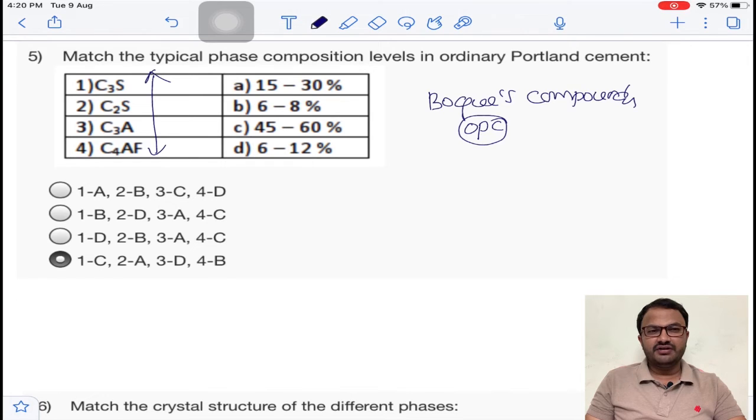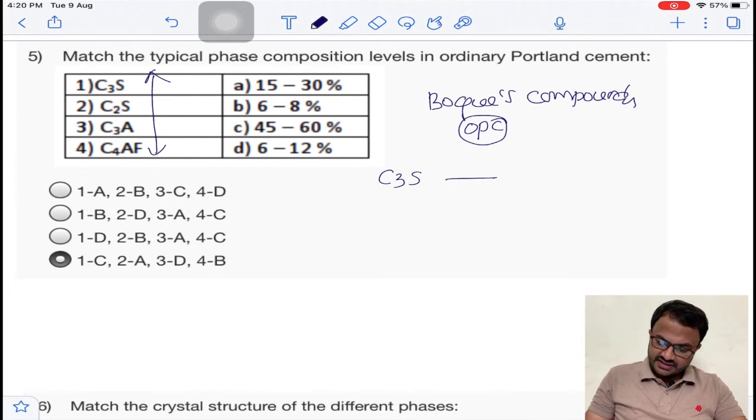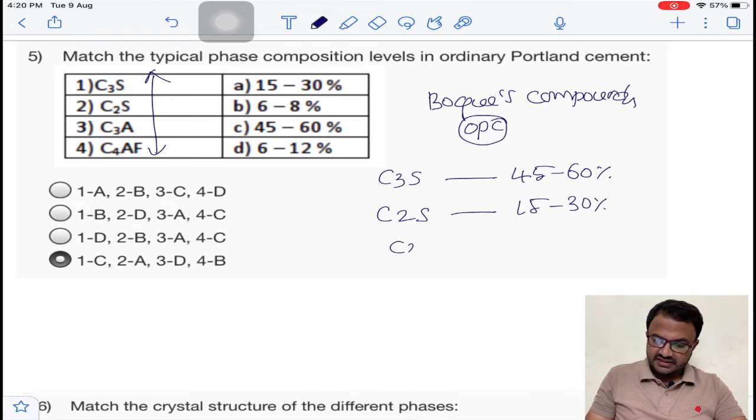They will ask this directly in the GATE exam. First, C3S is the majority, nearly half, around 50%, with a range of 45 to 60%. C2S is 15 to 30%. C3A is 6 to 12%, and C4AF is 6 to 8%.